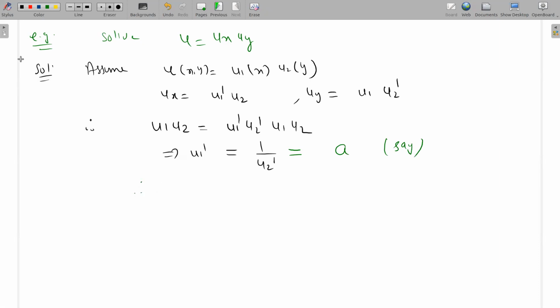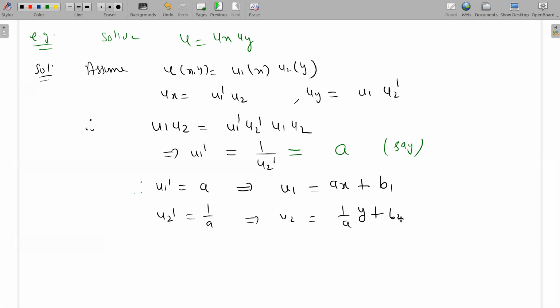So u1 dash equals a, and on integrating you get u1 equals ax plus b. From the second, u2 dash equals 1 by a, so you get u2 equals 1 by a y plus another constant, say b1 and b2.